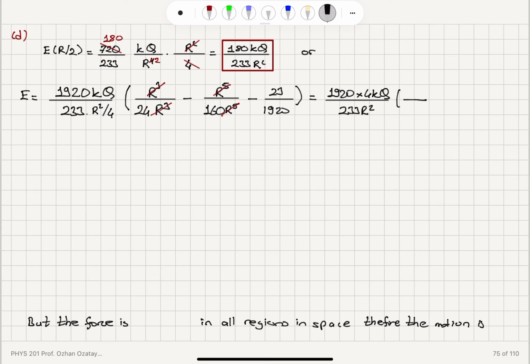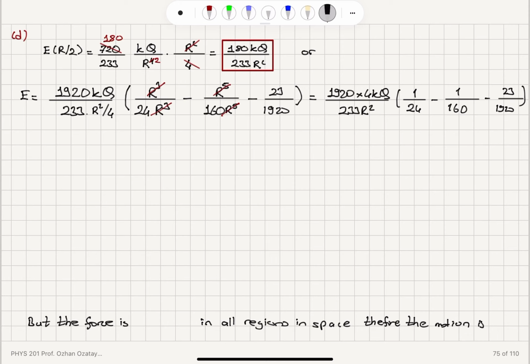Then I have 1 over 24 minus 1 over 160 minus 23 over 1920.